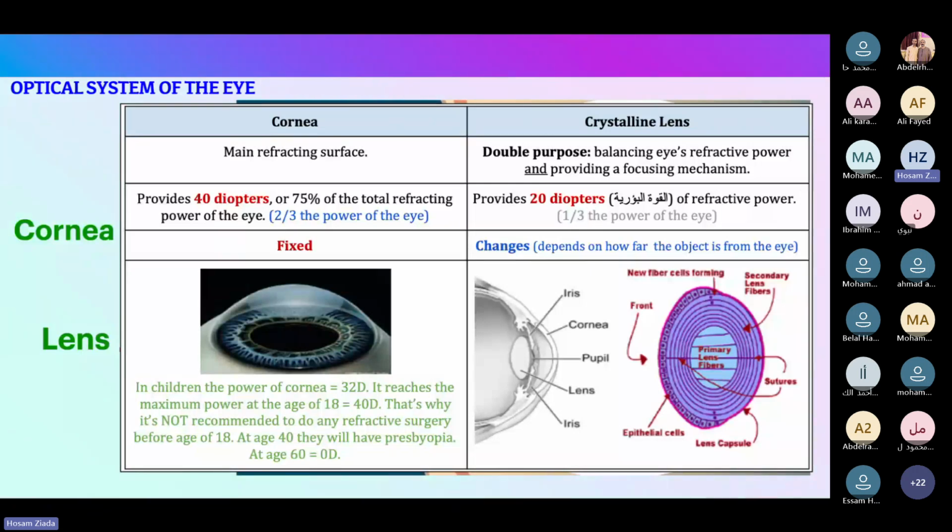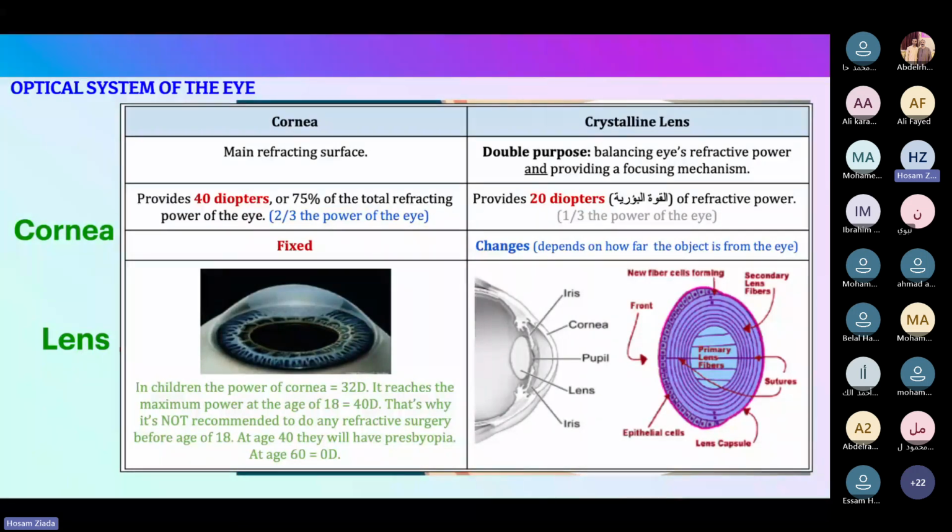This function is called the accommodation of the eye, and it is done totally by the lens. In old age, the lens is less elastic, with tougher tissues and less power of relaxation or focusing, so the person won't be able to see near objects, which is called presbyopia.